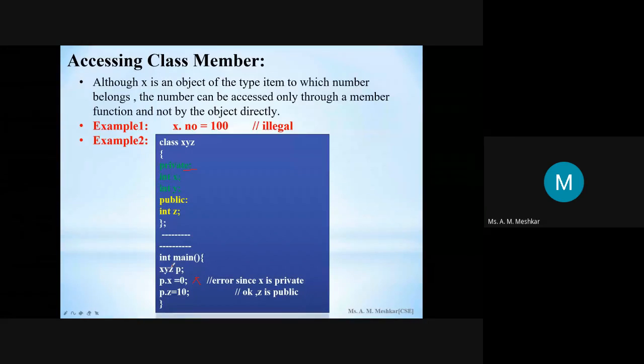What is the meaning of this second statement, p dot z is equals to 10? Is this valid?